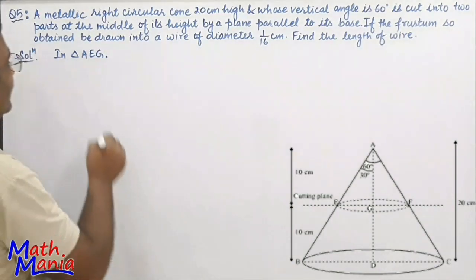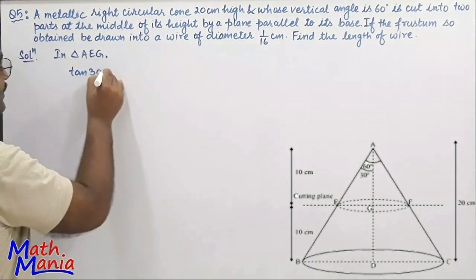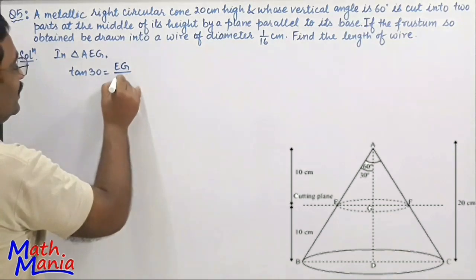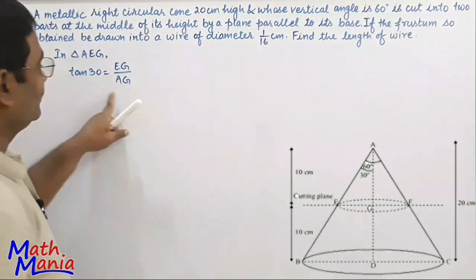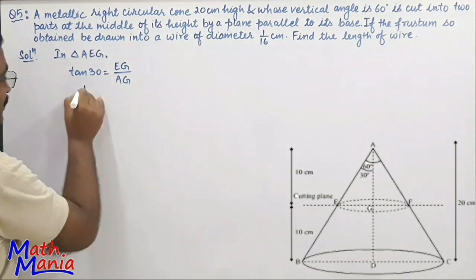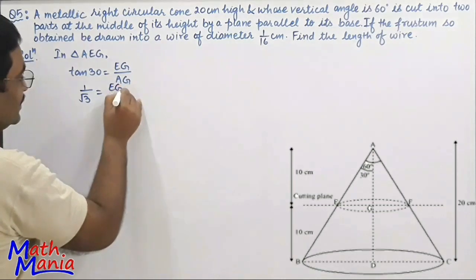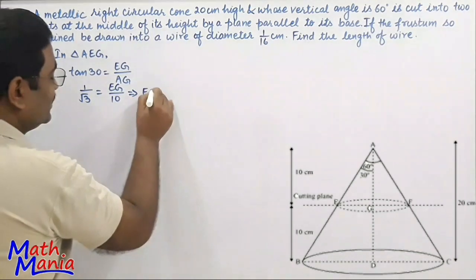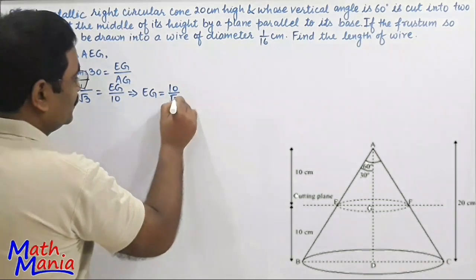In this triangle, since the angle is half, tan 30 is equal to EG upon AG. As from the figure it is clear that measure of AG is 10 centimeter. The value of tan 30 is 1 upon root 3, which is EG upon 10. So from here we will get the measure of EG, which is 10 upon root 3 centimeter.